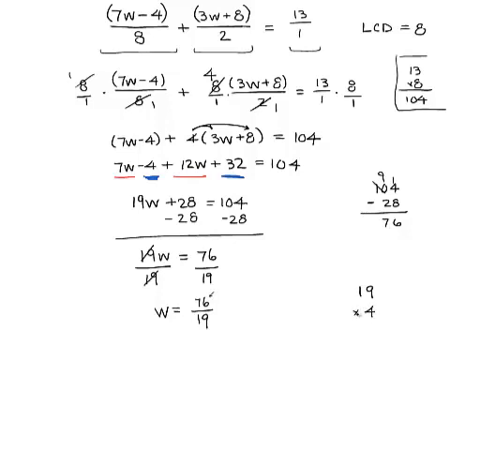And I think to myself, maybe 4. Let's try 4. 9 times 4 is 36. 4 times 1 is 4, plus 3 is 7. Sure enough, so 76 works. So 76 divided by 19 gives me w equals 4. And that's the simplest form of the answer.